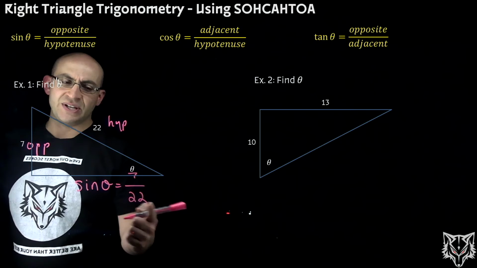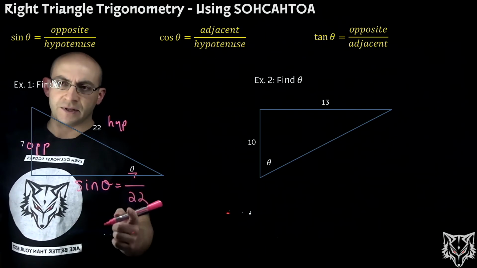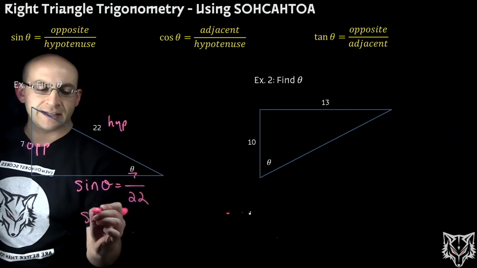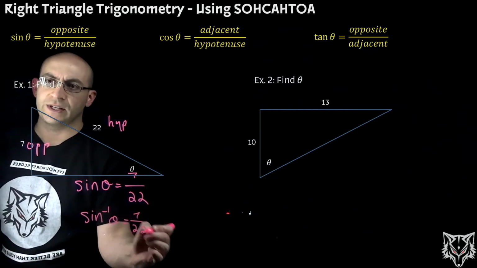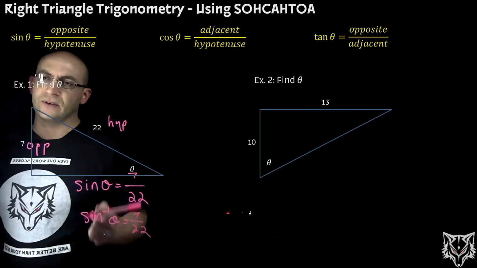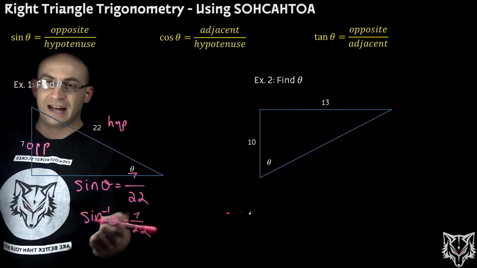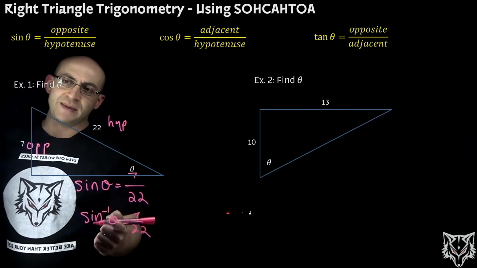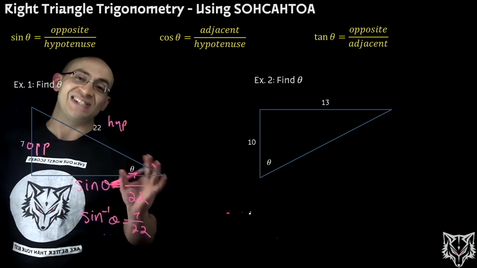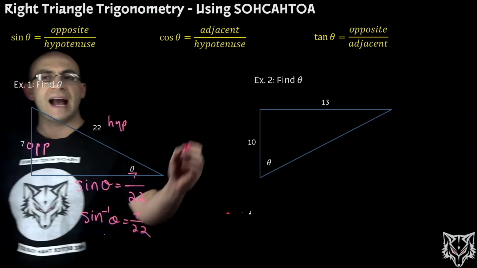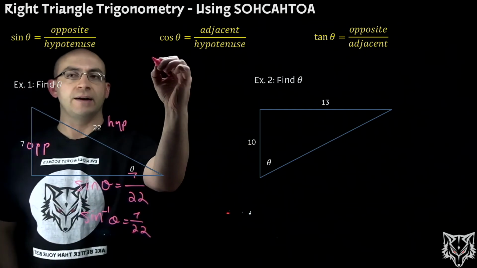But we can't use the calculator in this function. We're going to do something a little bit special. Now the way it's going to look is sine inverse theta equals 7 over 22. Now what does this little inverse mean? Well, it looks like an exponent and it's a negative one. But that just means in the calculator, we're going to open up the inverse functionality, which is the second button. So here's the actual button pressing you're going to be doing for the calculator.